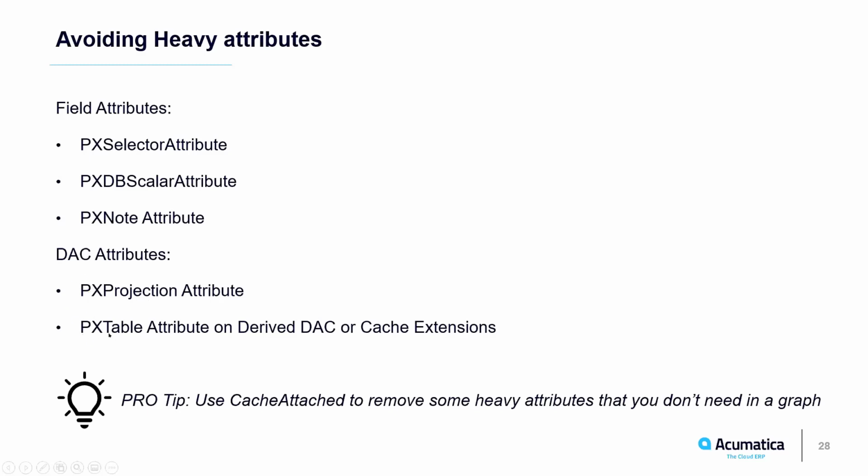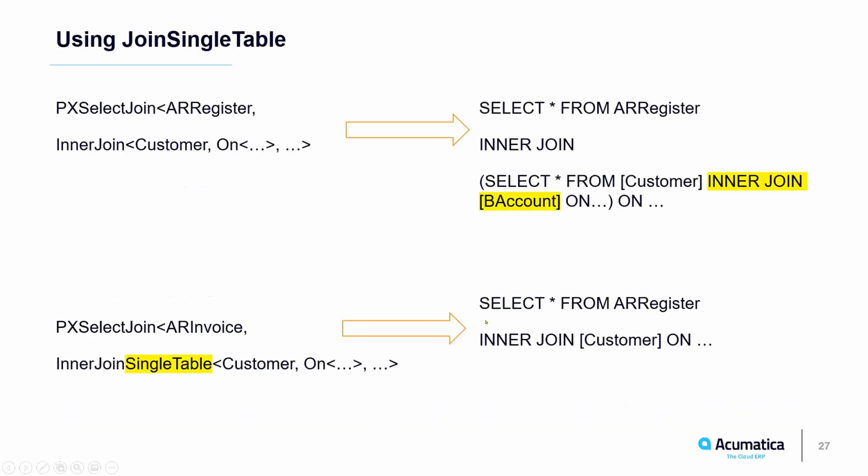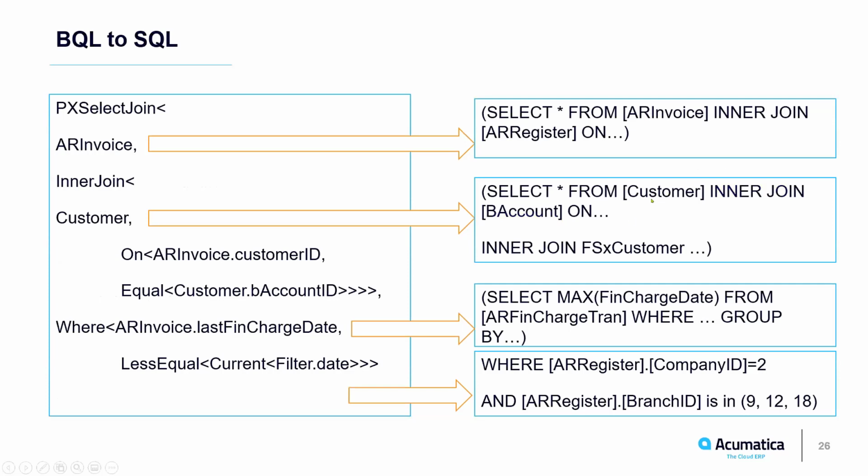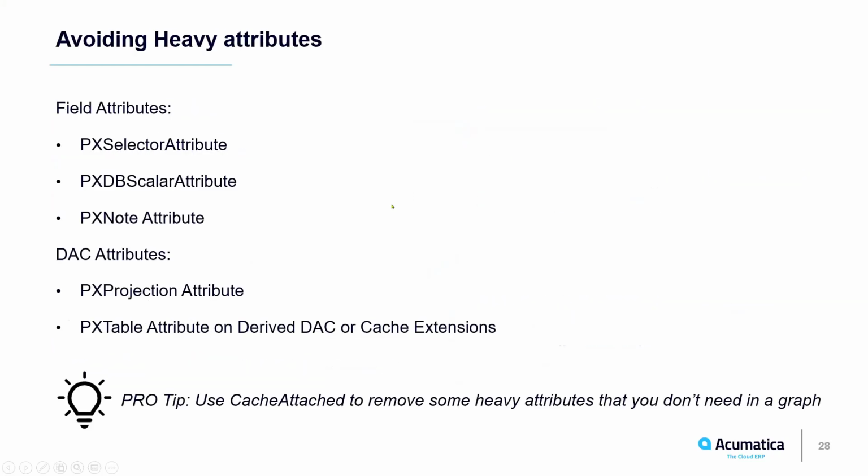There is a PXTable attribute. So if you see a PXTable attribute on a derived data access class or cache extension, it will generate those joins when you select data from the main table. Okay, so those are the things that you should be aware of, and sometimes you need to remove them in order to improve the performance of your application.